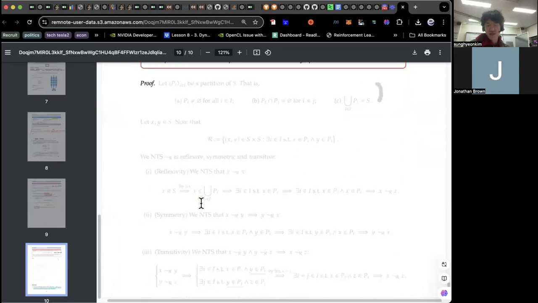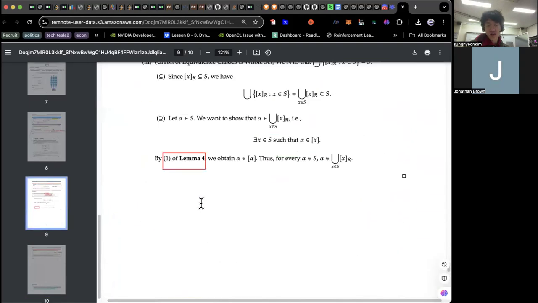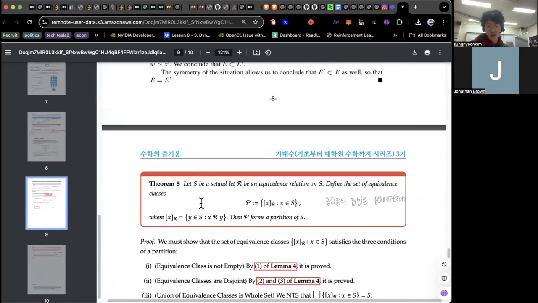And theorem 5 and 6 are highlighted, and this is the final part of set theory. Theorem 5 is saying, let S be a set and let R be an equivalence relation on S. Define the set of equivalence classes.